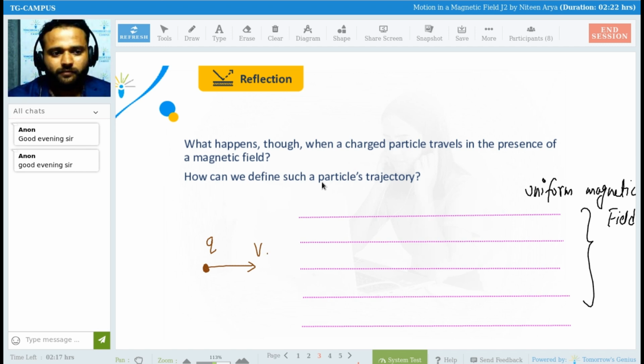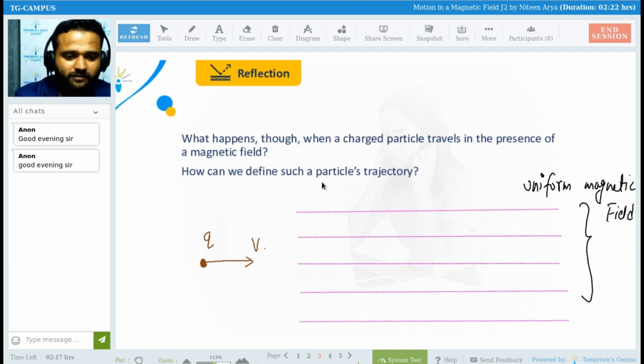Tell me, because this is the beginning of the Lorentz force. What are the criteria? And if I add one more thing, we are going to discuss that also.